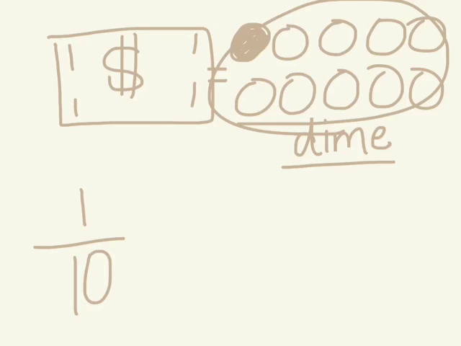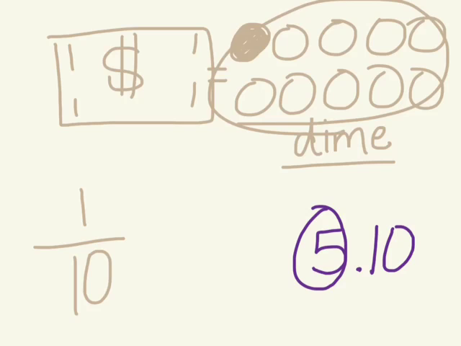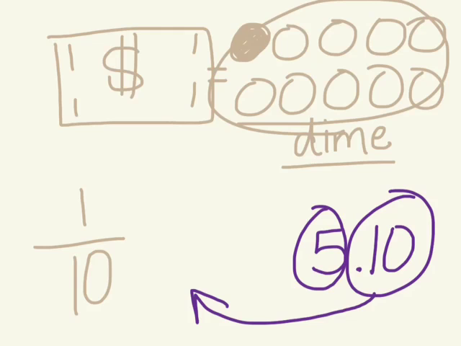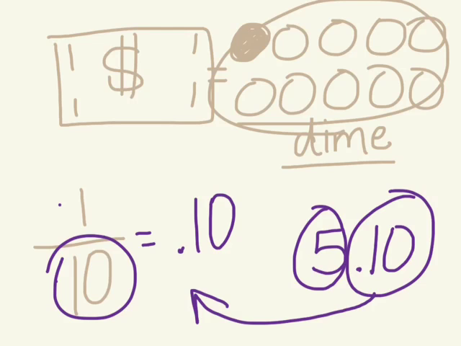Well, a dime, if I was going to write that for money, if I have a $5 bill and a dime, that would be written like this: $5.10. So I have 5 whole dollar bills and 10 cents. So my decimal, 1 dime out of 10, which makes up a dollar, would be written 0.10. 1/10 is written 0.10.